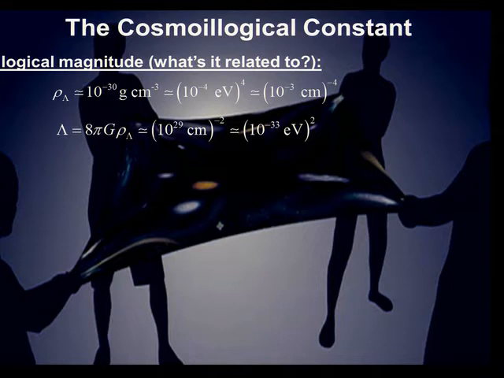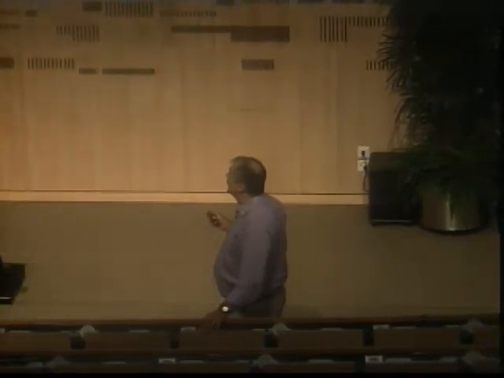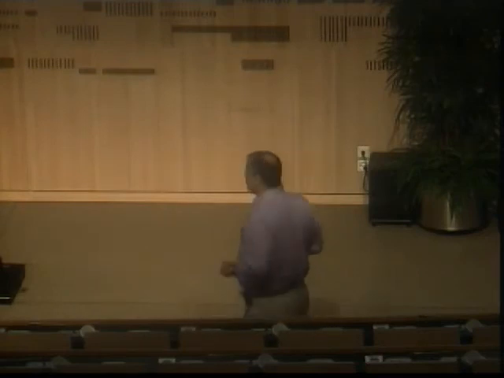Or in terms of a distance, it's 10 to the minus 3 centimeters to the minus 4. 10 to the minus 3 centimeters does not sound like a fundamental length scale. If you express it in terms of a cosmological constant rather than an energy density, the length scale is 10 to the 29 centimeters, and the energy scale is 10 to the minus 33 electron volts. Where in the hell does that come from?